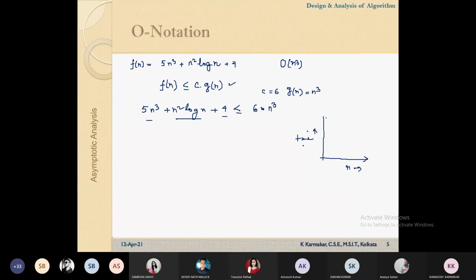Okay, so time, or we can say that this is y, assuming that y equals to f(n). Okay, so if we plot it here, then this function is n square log n. So what is the value of log n? Log n is always less than n. Is it clear?